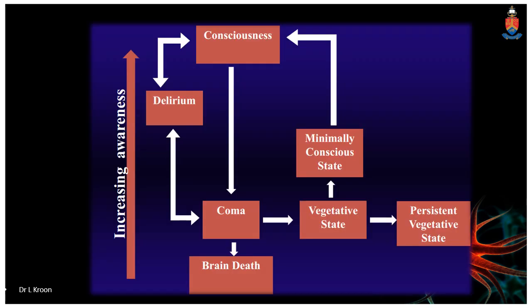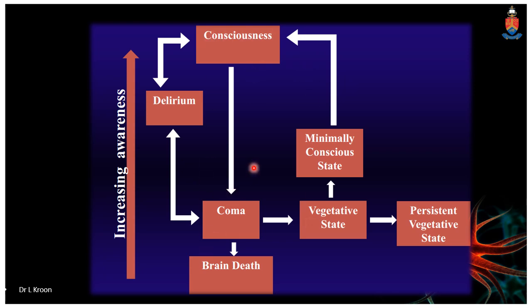An important concept to understand is that people transit between these states. So patients may go from consciousness to delirium. Then they go from consciousness to coma. Then they may go from coma to the vegetative state, and they may even transition to the minimally conscious state, and back to consciousness. So these states are transitive.